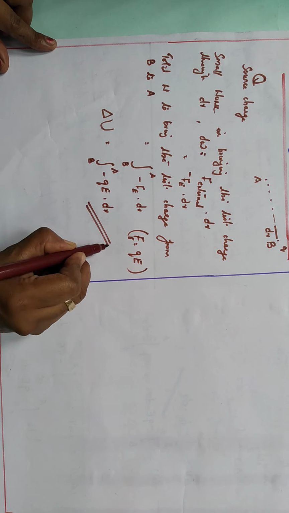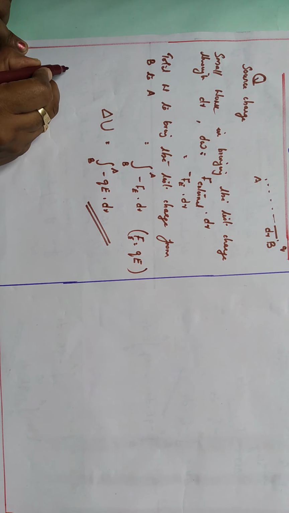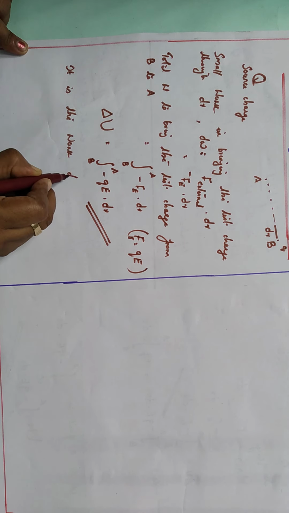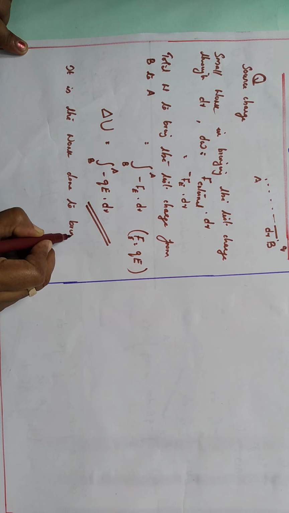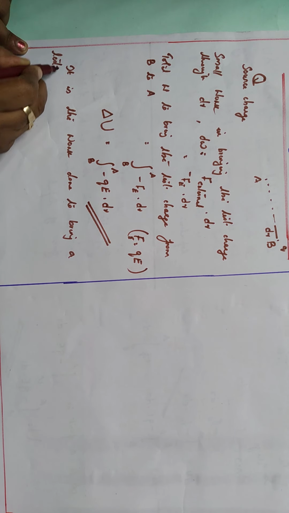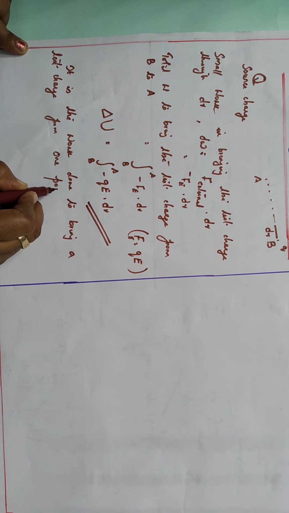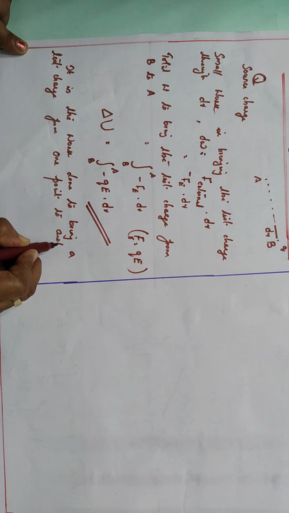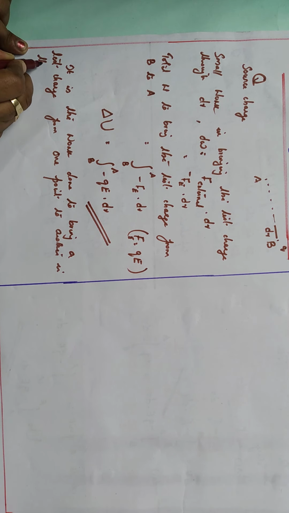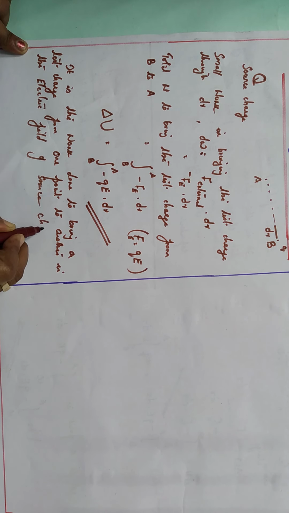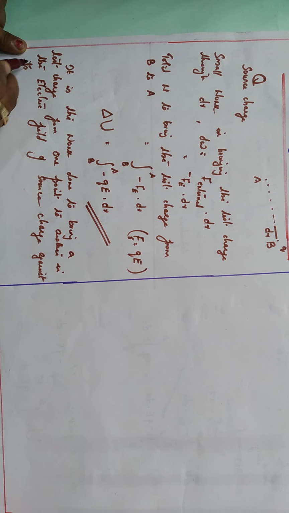So how will you define electric potential energy difference? Electric potential energy difference is the work done to bring a test charge from one point to another in the electric field of the source charge against its force of repulsion.